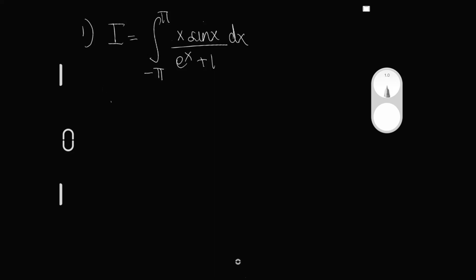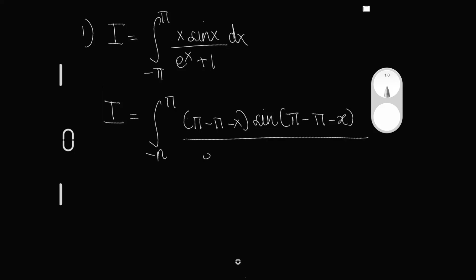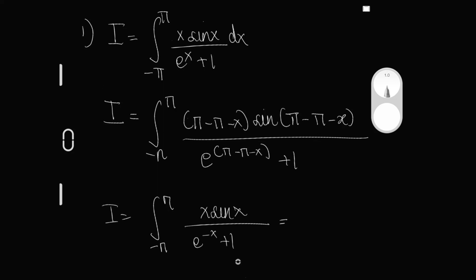So let's apply the property. So the new I is equal to integral of minus pi to pi of minus x sine of minus x whole divided by e raised to minus x plus 1, which basically simplifies into integral of minus pi to pi x sine x by e raised to minus x plus 1, which is just basically equal to x sine x into e raised to x by 1 plus e raised to x, integral of minus pi to pi dx.